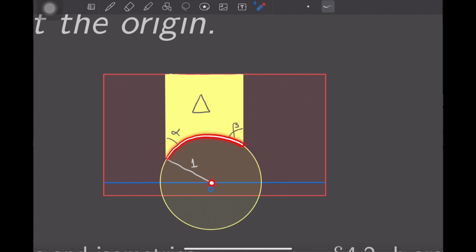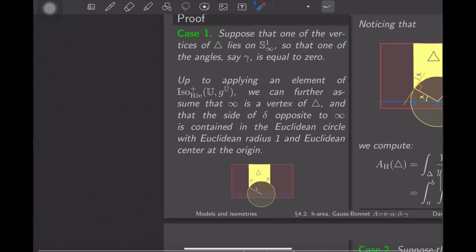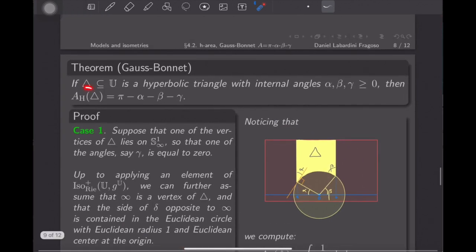So first we translate horizontally to put the center nicely, and then we rescale with a positive real number so that the Euclidean radius is 1. And all of this we can do without altering the value of the hyperbolic area.